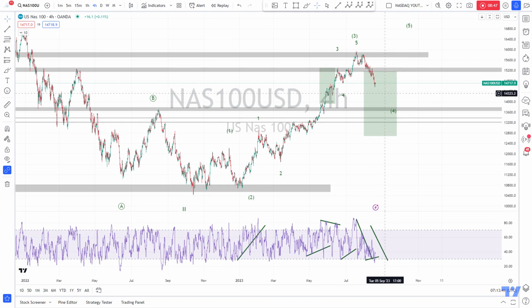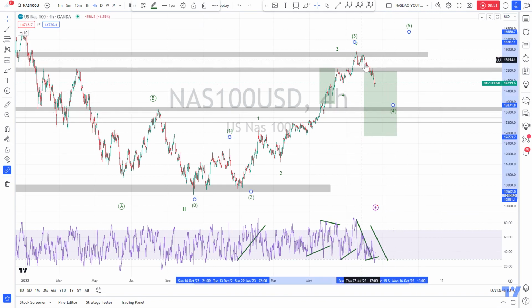Do not believe that this is the only scenario that can play out. This is never the case. You have to consider more than one scenario. If you stick to one scenario, that's not good. That's not the way to do Elliott wave count in my opinion.